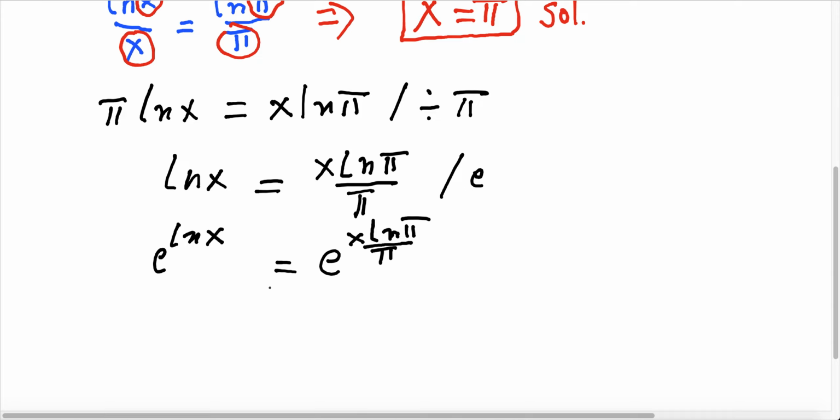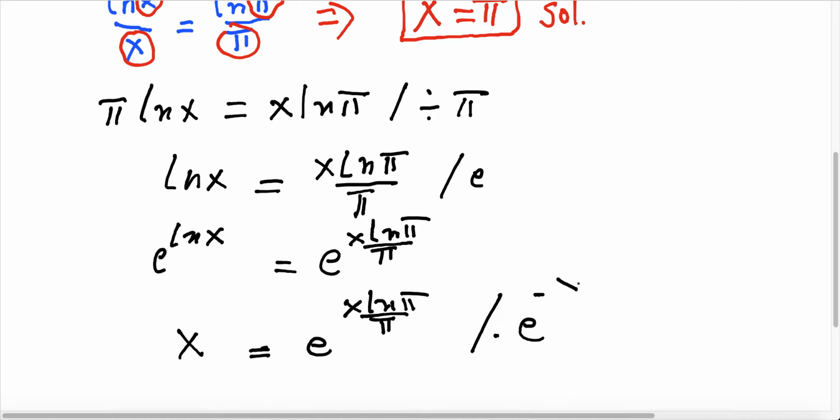That's what we have here. And based on this one here, x is going to be equal to e to the exponent x ln pi divided by pi. That's what we have now. And we want this side to be equal to 1. What I'm going to do here, I'm going to multiply by e to the exponent minus x ln pi divided by pi.